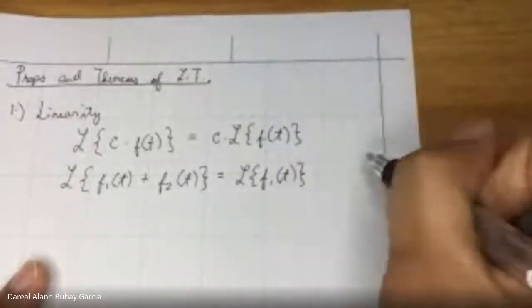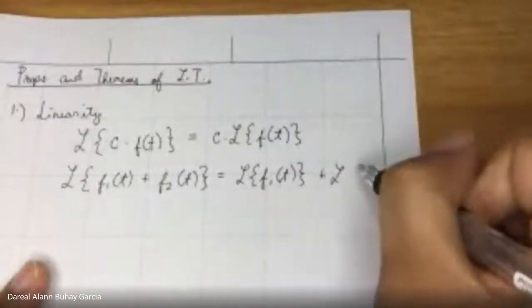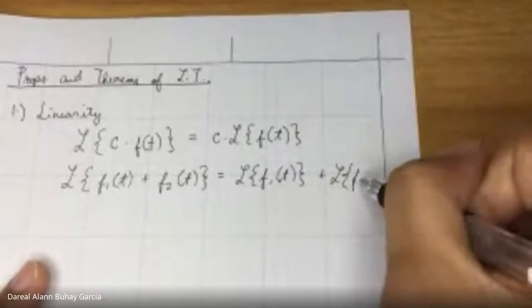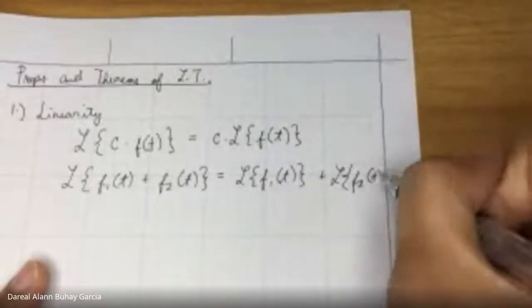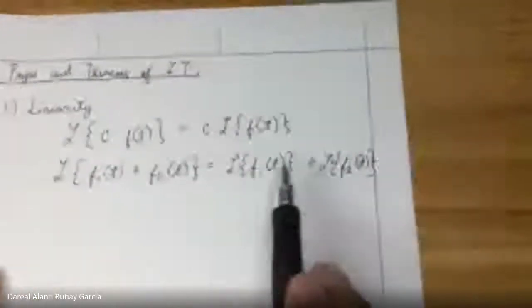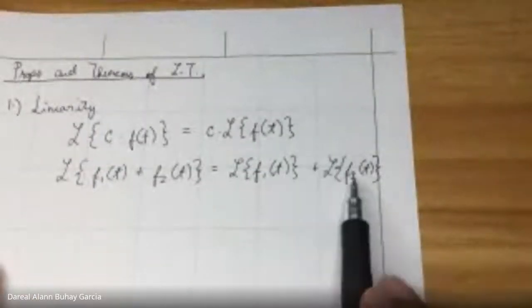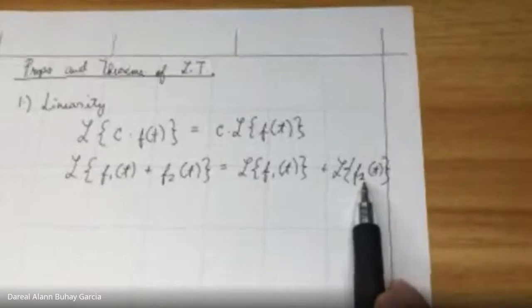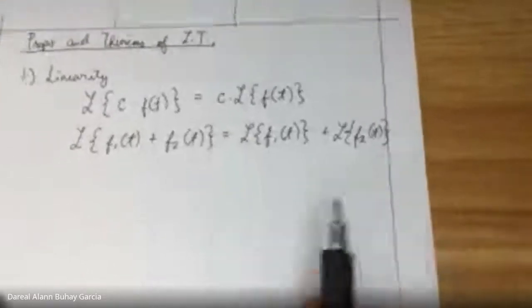Well, of course, this is understandable, because it's a linear operation. So there's nothing complicated there.